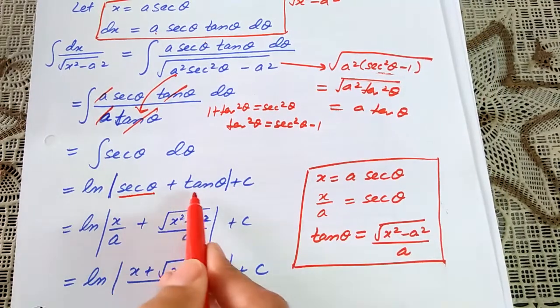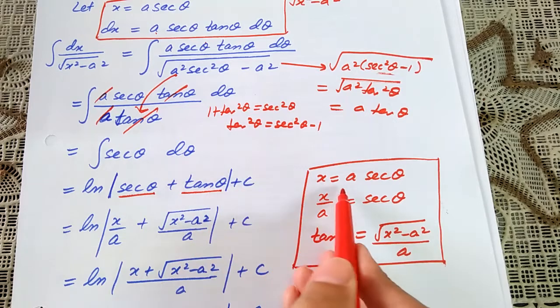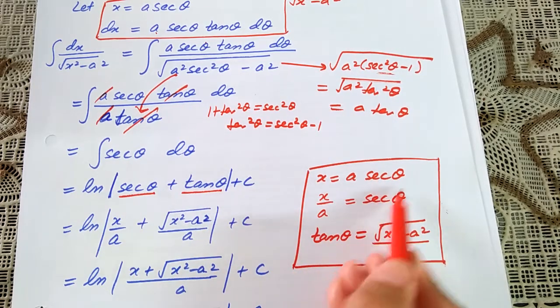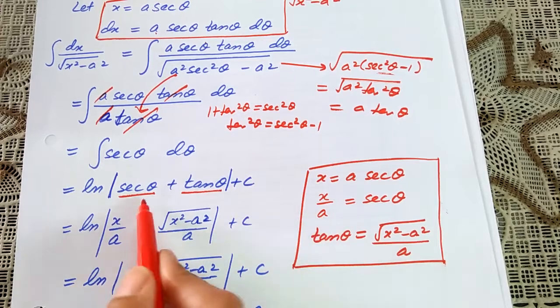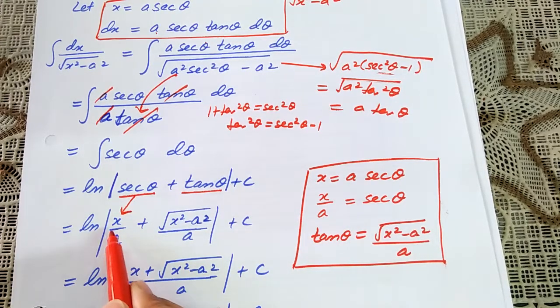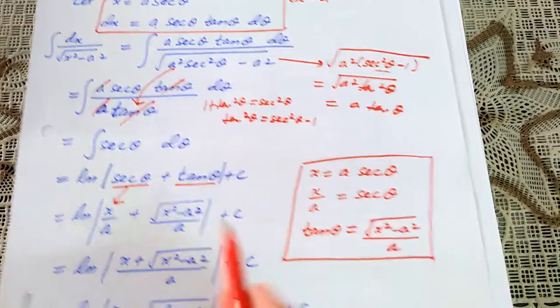Now we have to find the value of secant theta and tangent theta. We let x equal a secant theta. We can separate the secant theta value from here, that is x over a. So in place of secant theta, we have written x over a. Now we need to find out the value of tangent theta.